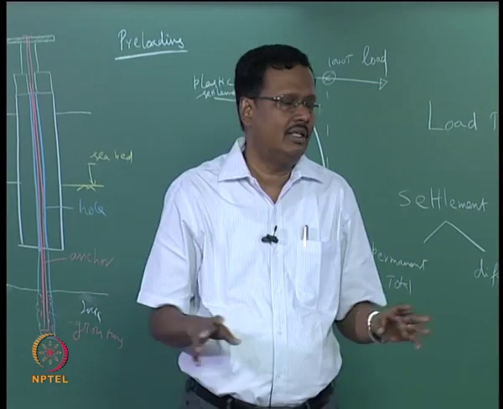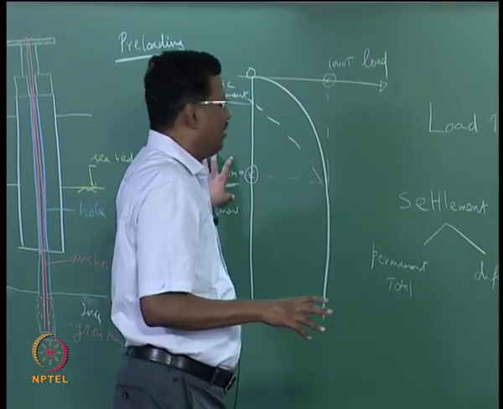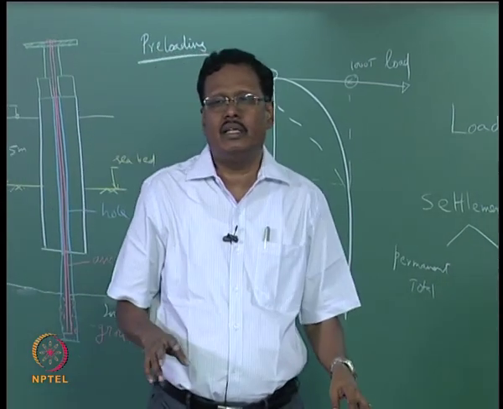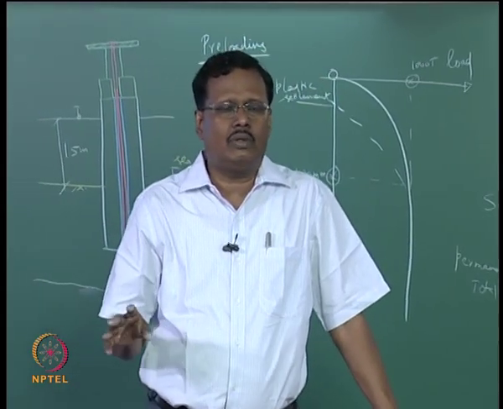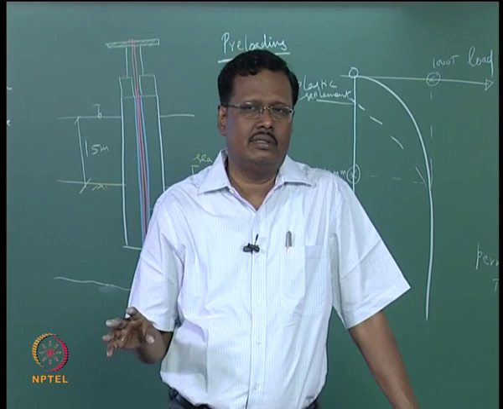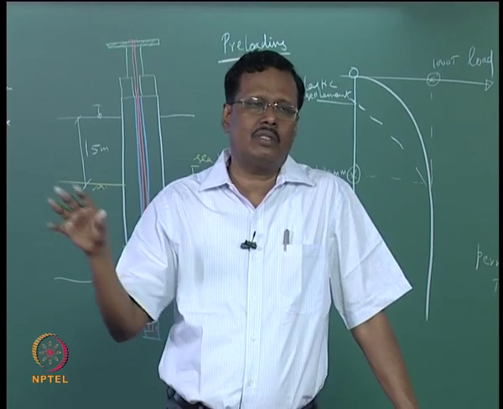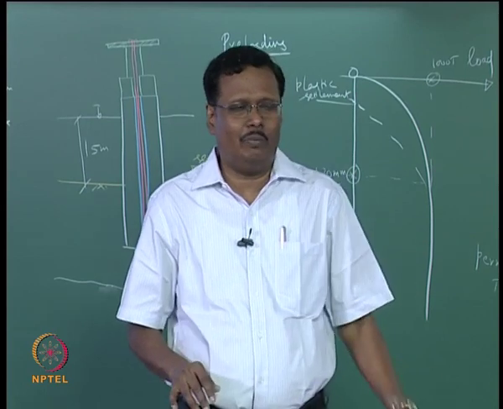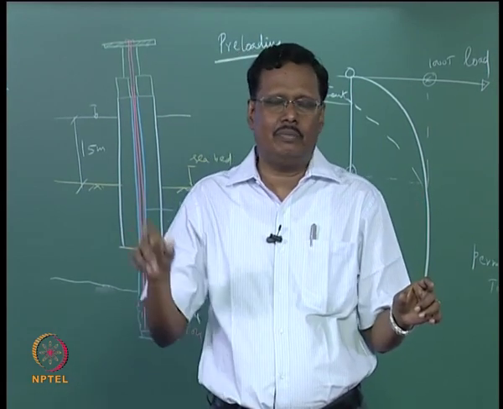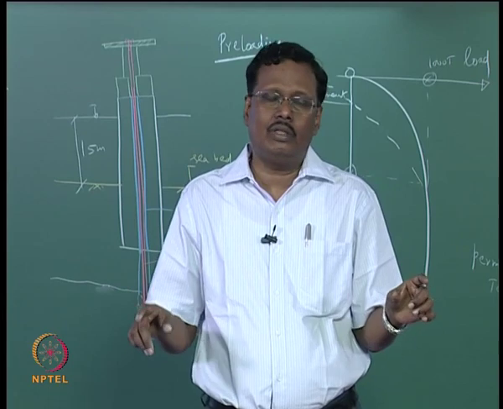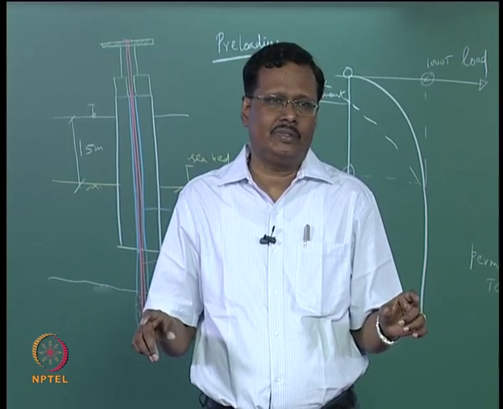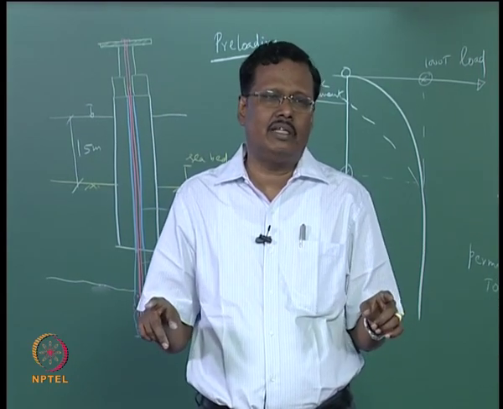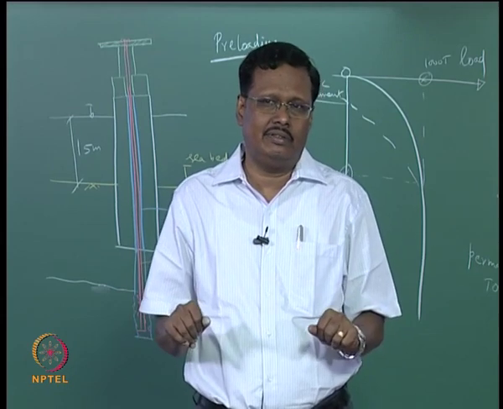I have given 120 millimeter, 1% of the pile diameter, as the permissible total settlement. If all the piles go down by 120, no problem. If one pile goes by 10 and another by 90, both are less than 120, but the difference is about 80 millimeter, which is not acceptable.